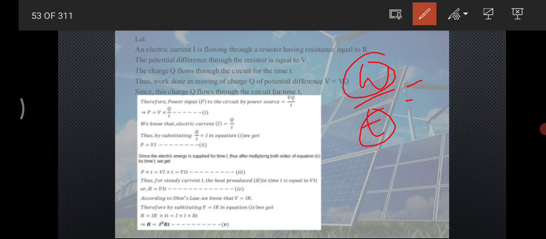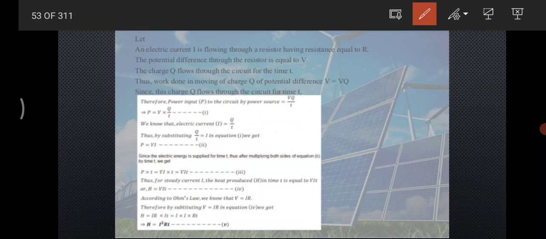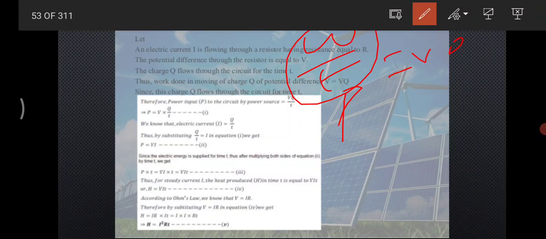So work done divided by time gives V into Q by T. V remains as it is, and Q by T is equal to I, as we studied in the first video that current is equal to Q by T. Substituting I for Q by T, W by T results in power P, and V into Q by T gives V into I.